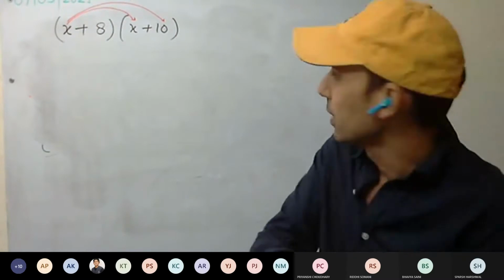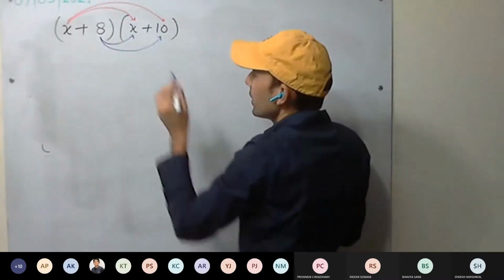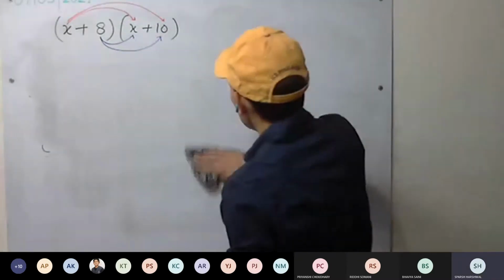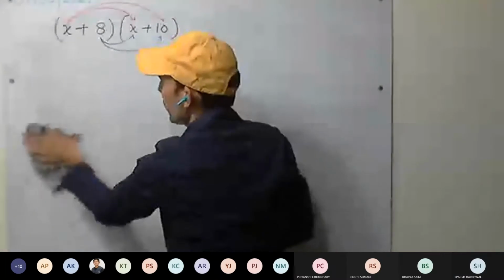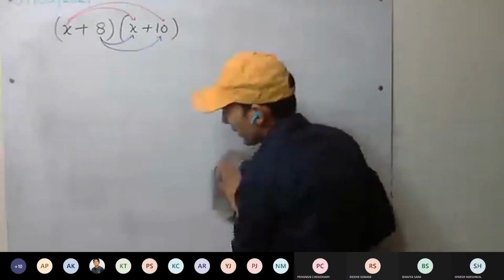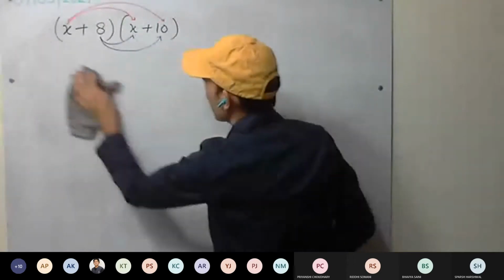And in the next step, 8 will be multiplied. Yes or no? Yes, sir. Do it that way, that's the best way. If we get confused anywhere, use our most basic method, how we learned in 2nd or 3rd class to multiply numbers.